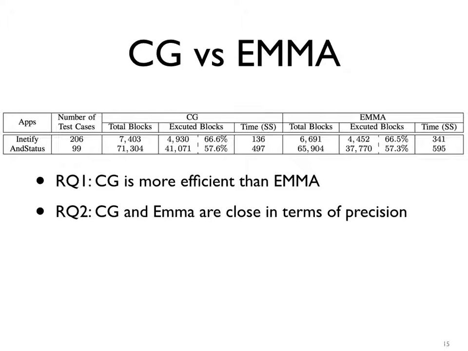For RQ2, although the number of generated blocks by SEKE is greater than EMMA, which may be because of different standards used in categorizing blocks, there's only slight coverage difference in terms of the percentage of executed blocks. So we think SEKE and EMMA are close in terms of precision based on this observation.